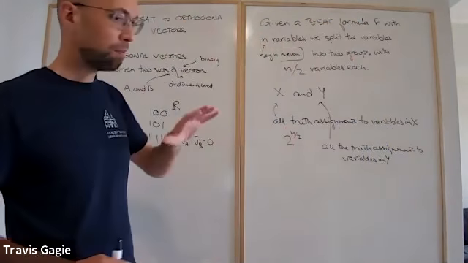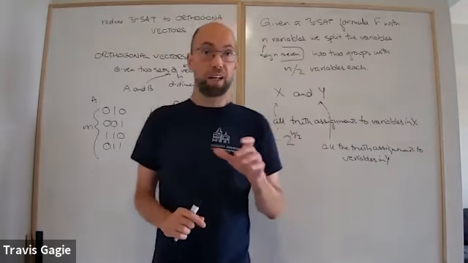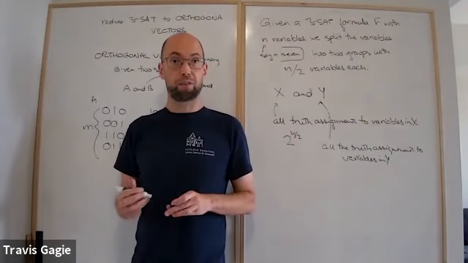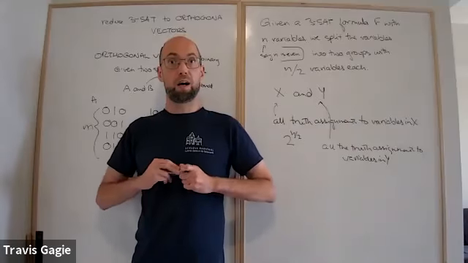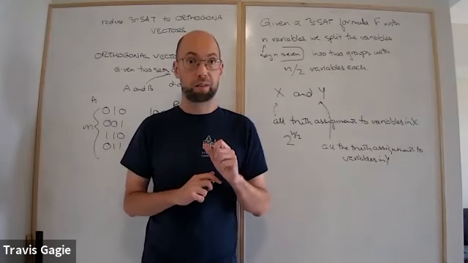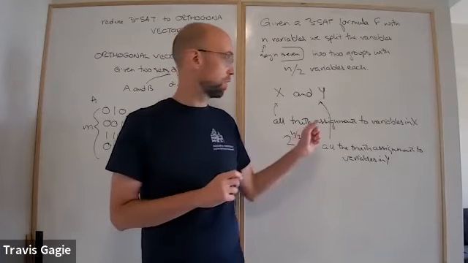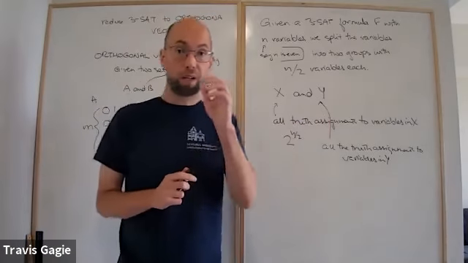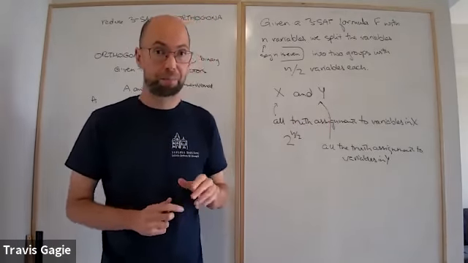Now, what we're going to do is for each of those truth assignments, we're going to write a vector. For each of these truths. So now this is the sneaky bit.